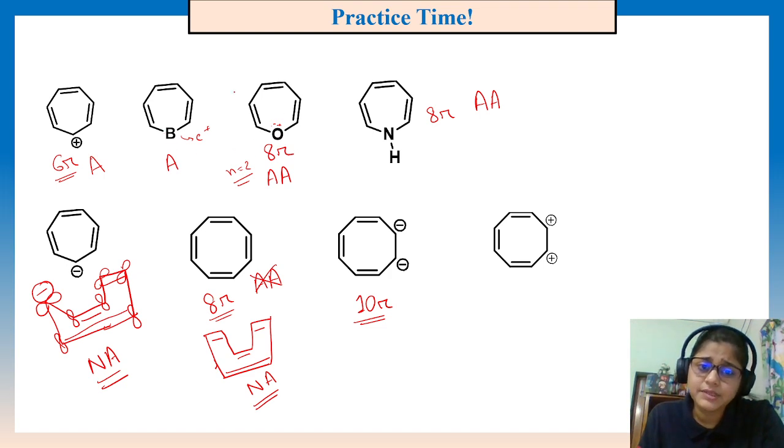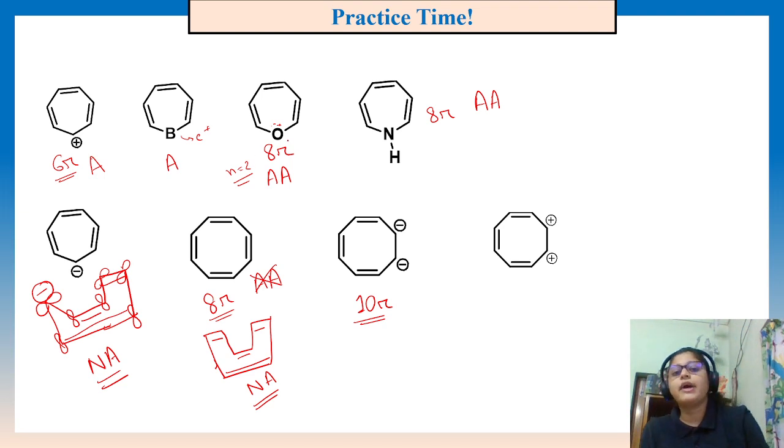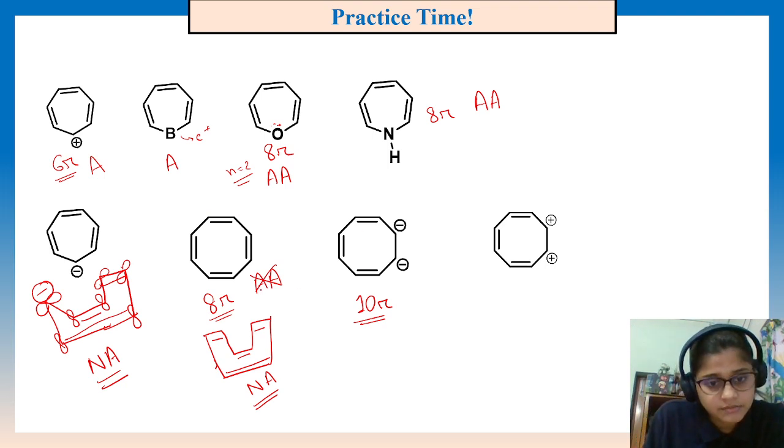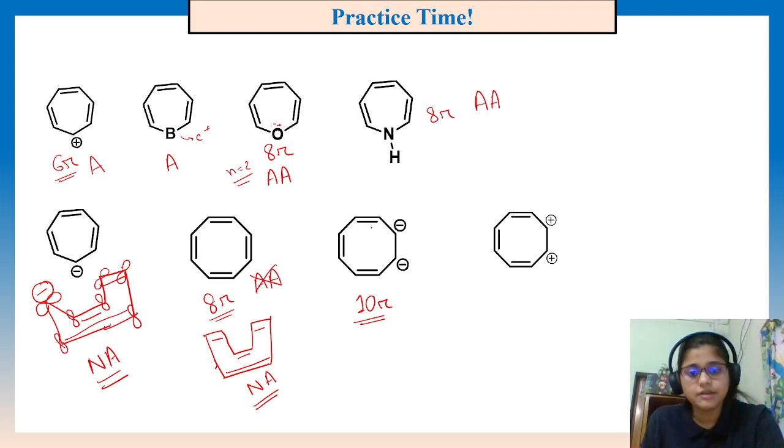When a heteroatom is present in this 7-membered ring, then in the normal way it will be anti-aromatic, but when a negative charge is there, it will be non-aromatic. And in the case of the 8-membered ring, it will be non-planar, non-aromatic.